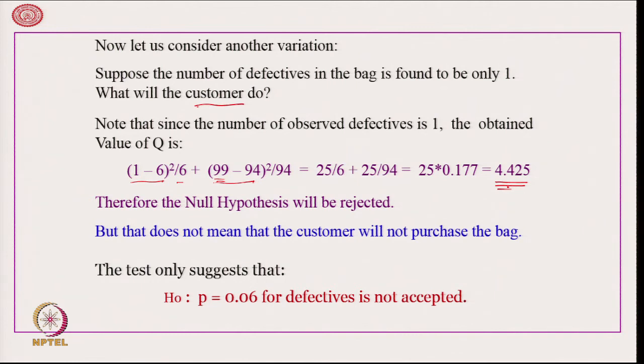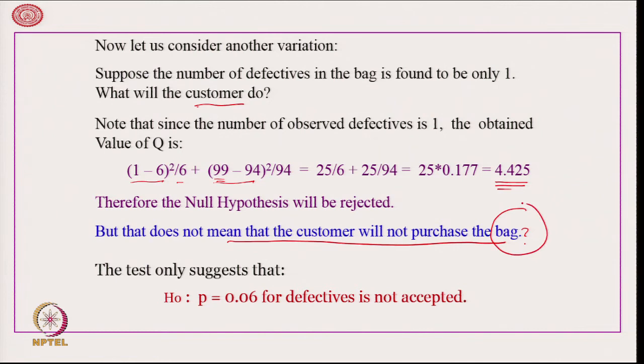What does it mean? Does it mean that the customer will not purchase the bag because we are rejecting the null hypothesis? No, the customer will go for purchasing the bag because the number of defectives has been found to be very small. Then what does it mean?